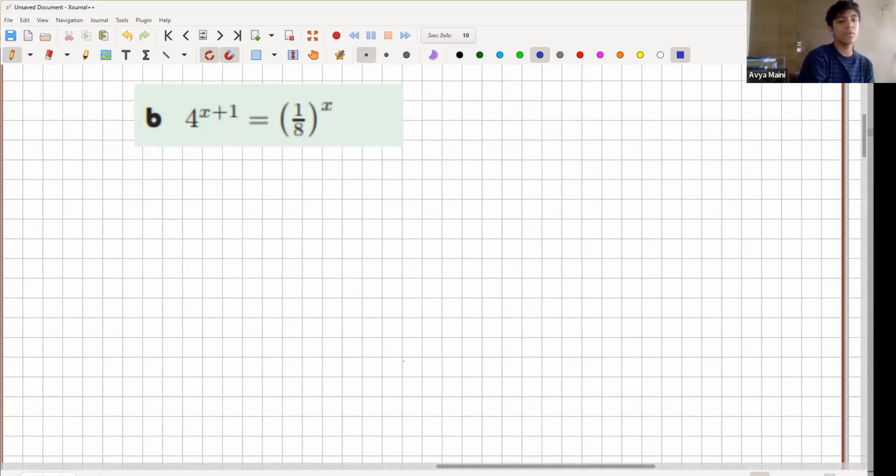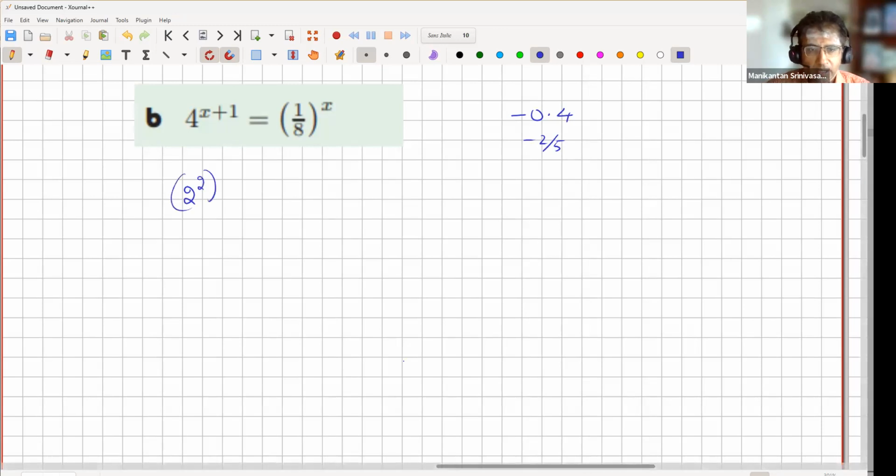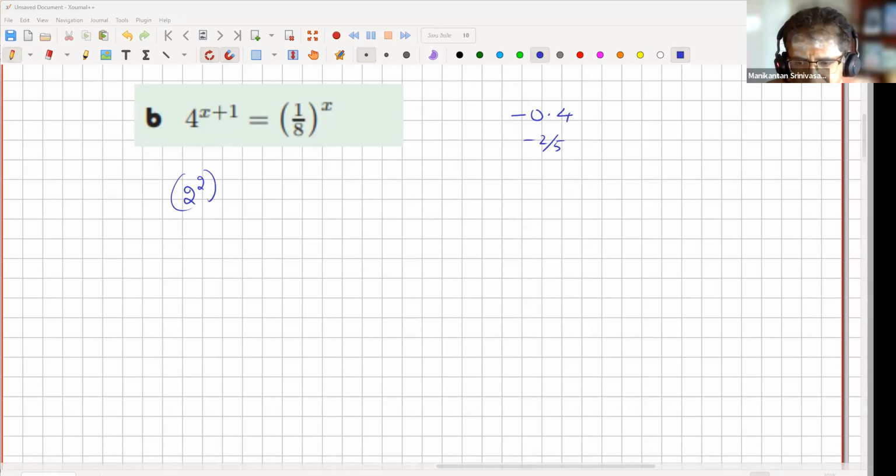Minus 0.4, minus 2 by 5. Yes. Okay, same answer, anyone? Sumer, you're also okay, right? Good, all three got the same answer, I can skip. Yeah, question 11, please. Same sketching, let's get more practice with sketching. All parts.